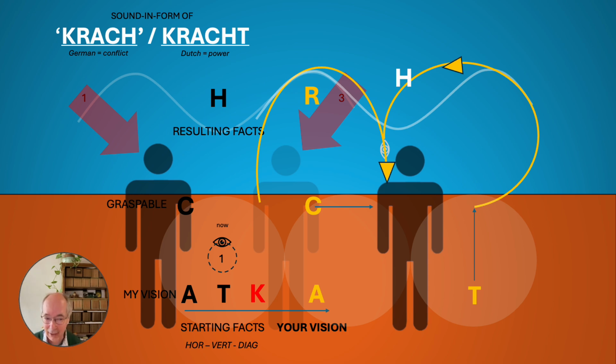So the A, T, and K were about a focus upon a thing, the facts around one center. And that's how we're going to explain A, T, and K a little bit better, how it is explained also meaningfully. So we have this center point of vision, and the position where we start from.